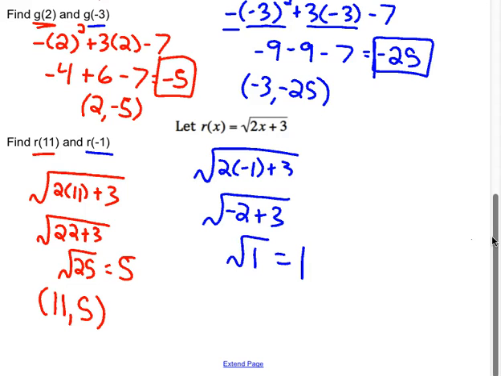Square root of 1 equals 1. So my answer here is 1. That's what this thing is going to equal. But I'd like you to understand that when I have an x of -1, my function is sitting up at 1. An important connection to have here.